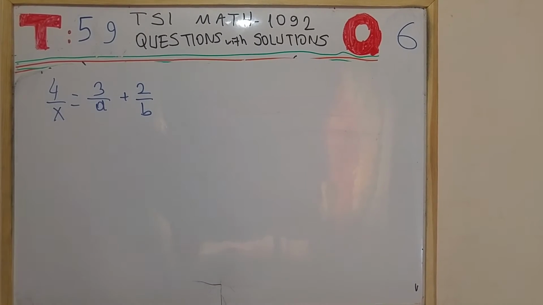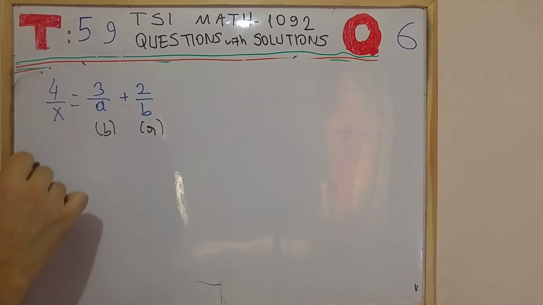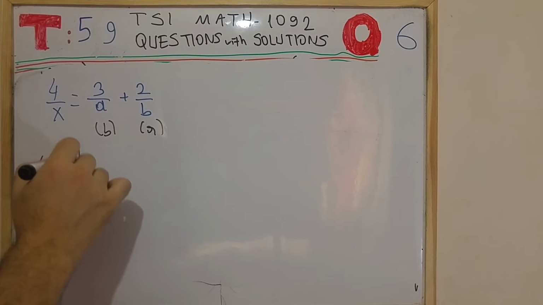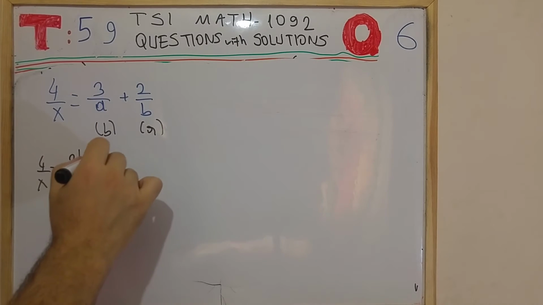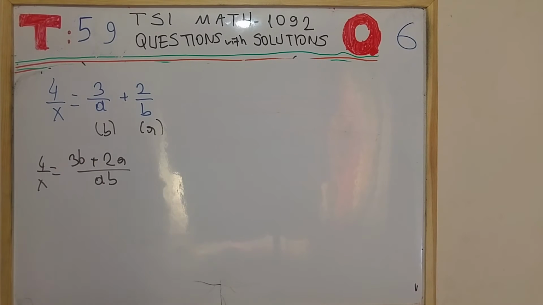Let's start with the expansion. So what I have is 4 over x is equal to (3b plus 2a) over ab. Now let's multiply each side by x.